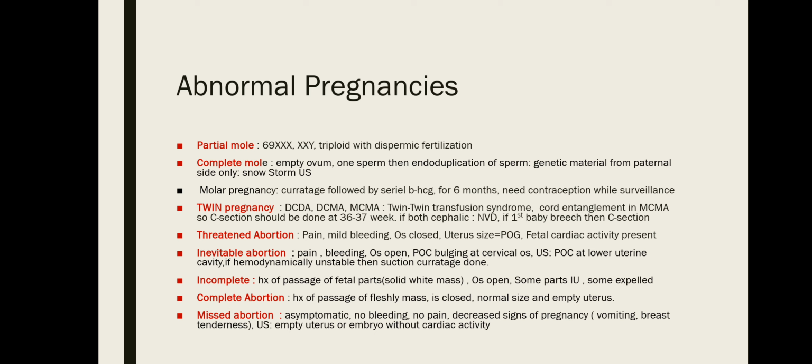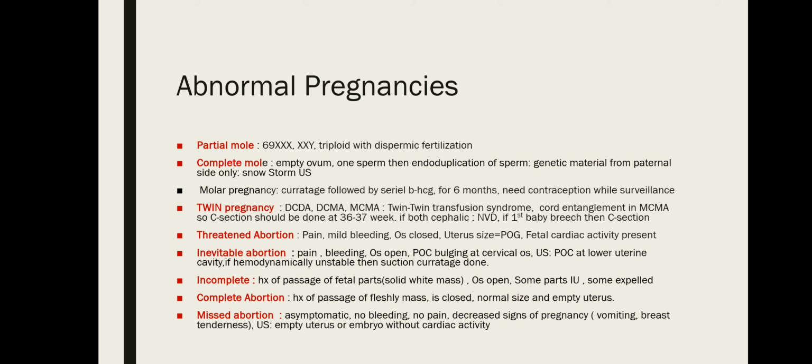And then next one is twin pregnancy. In twin pregnancy, chorionicity and amnionicity depend upon the time of zygote division, and we already know this. I hope you all know whether the fetus will be dichorionic diamniotic, or monochorionic diamniotic. This depends on the time of the division. If it occurs early, then there will be two placentas, two amnions.